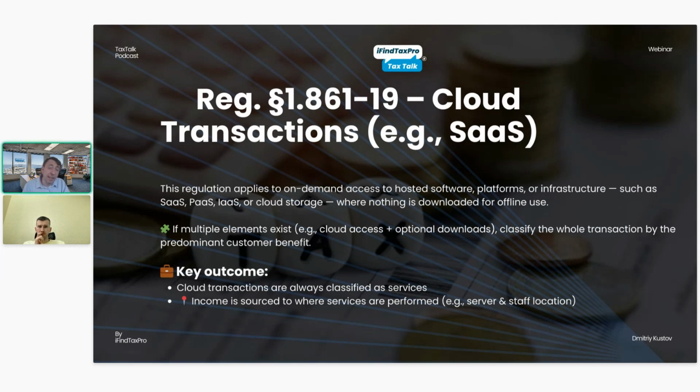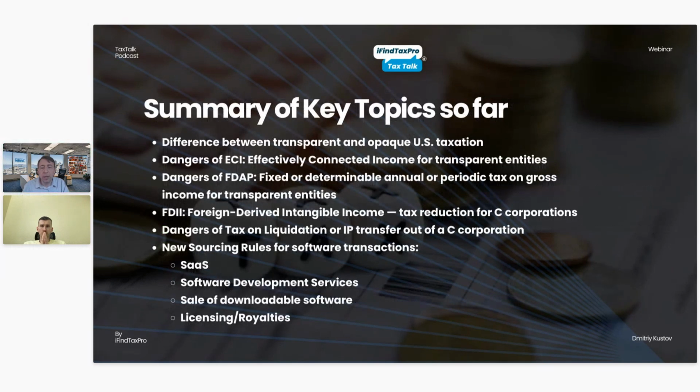And of course, as I say again, for C corporations, it doesn't really matter because everything is taxed in the US. It only comes into consideration for transparent entities. All right. So far, we talked about the difference between transparent and opaque entities, effectively connected income, FDII.